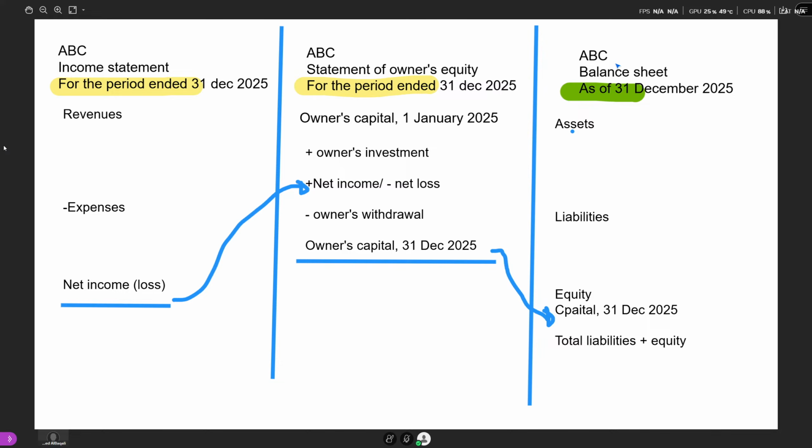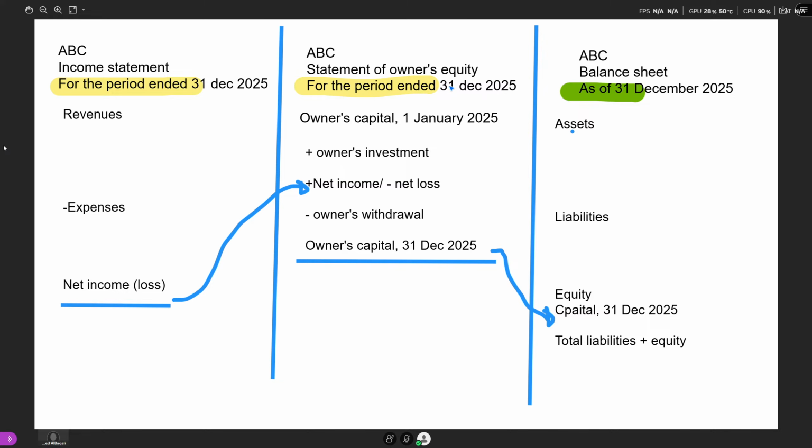First, before... this is for things that happened in 2025. For the period means for things that happened in 2025. These are my revenues, these are my expenses.